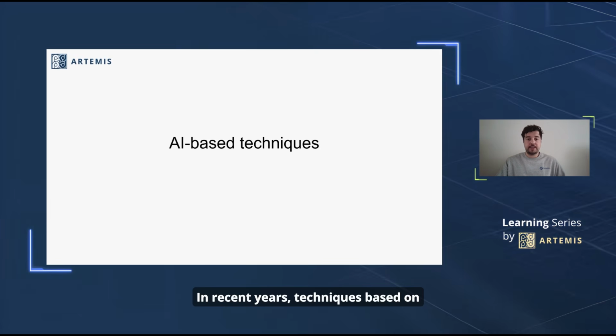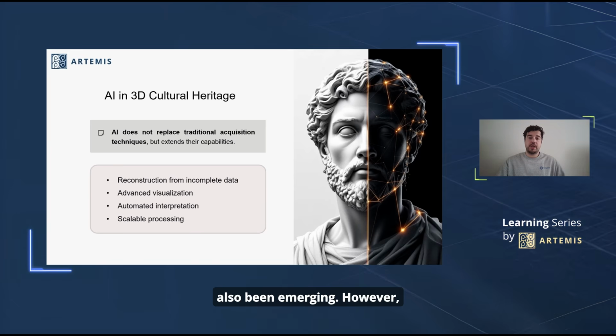In recent years, techniques based on artificial intelligence have also been emerging. However, it's important to clarify that AI cannot replace traditional acquisition techniques or source-based modeling. Rather, it extends some of their capabilities. It can help with reconstruction from incomplete data, advanced visualization, automatic or semi-automatic interpretation, and the processing of a large amount of data.